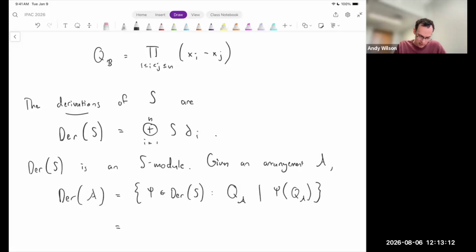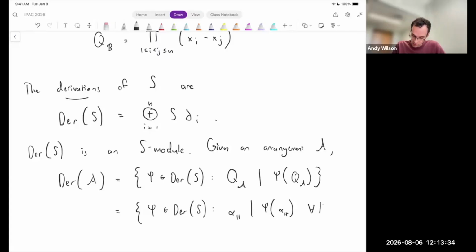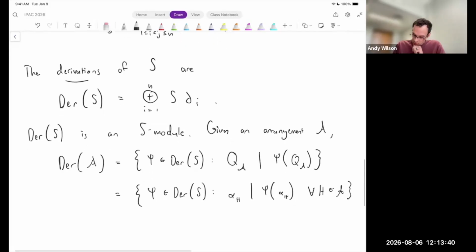And I'll work through some examples of this in a second. Or another equivalent definition, which I maybe prefer, is you can just look at each linear functional associated to each hyperplane, and it divides what you get when you hit it by the derivation. So this is for every hyperplane in the arrangement.